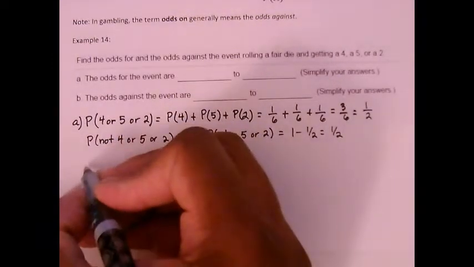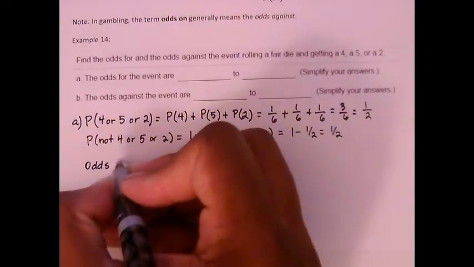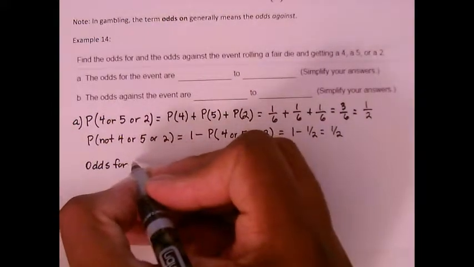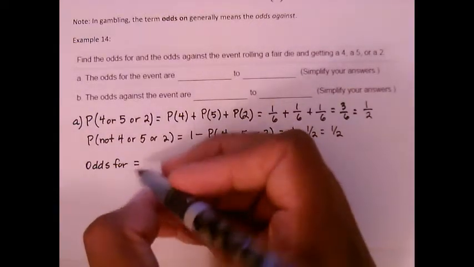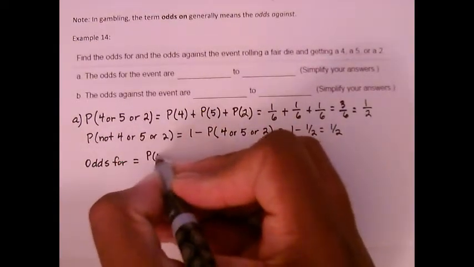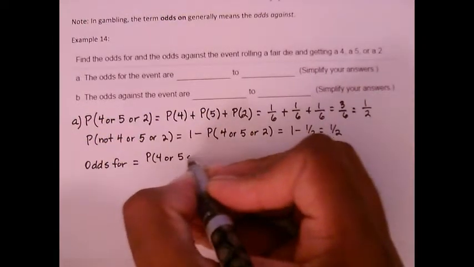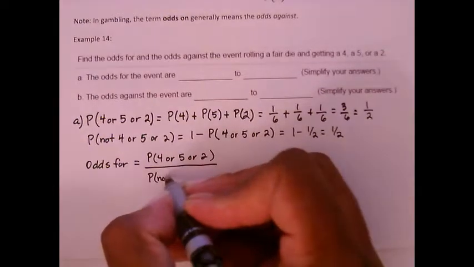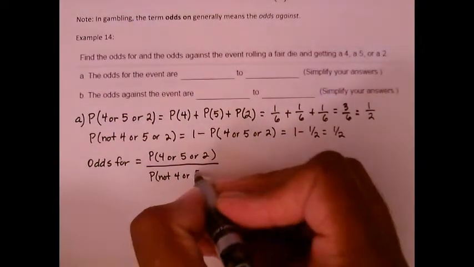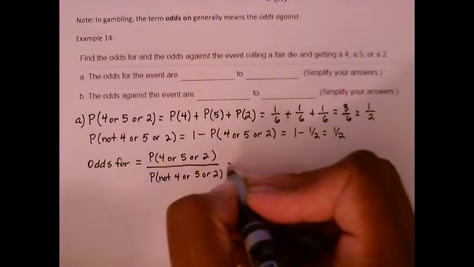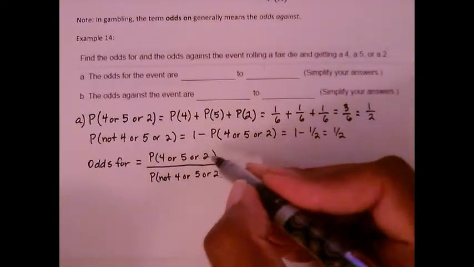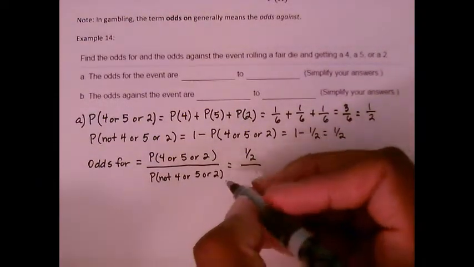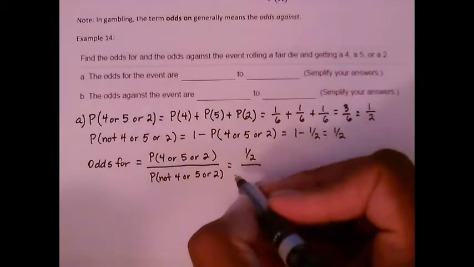Okay. Now we're going to use that to find the odds for that event. So the odds for getting a 4, or a 5, or a 2 would be the probability of getting a 4, or 5, or 2 divided by the probability of not getting a 4, or 5, or 2. The probability of getting a 4, or 5, or 2 will be 1/2 divided by the probability of not getting a 4, or 5, or 2.